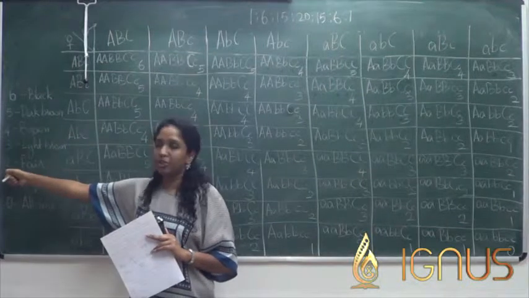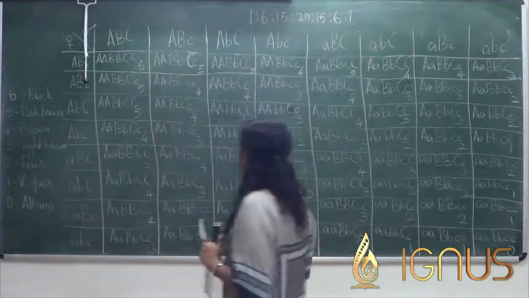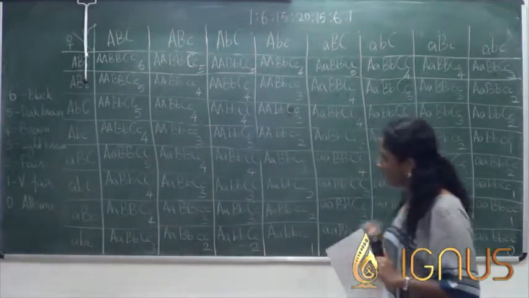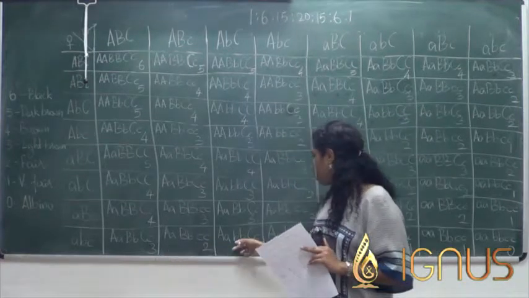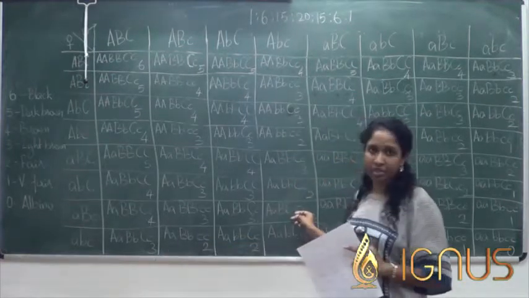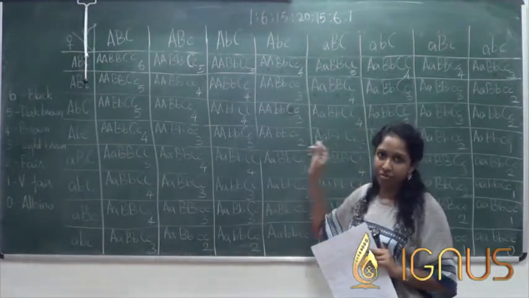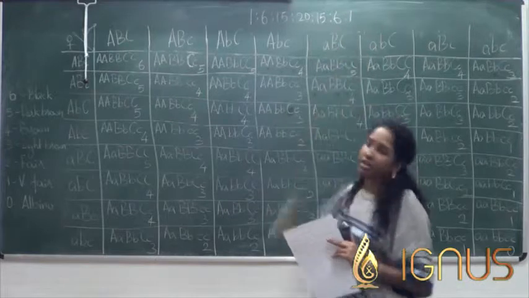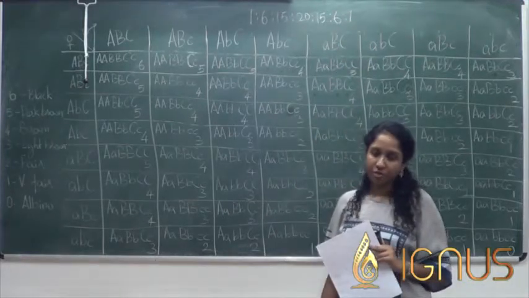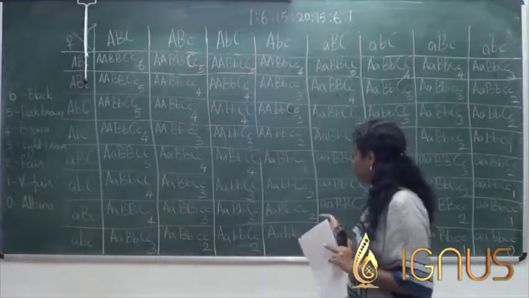Moving on, 2 dominant alleles. Search through the entire Punnett square and you will have 2 dominant allele containing offsprings. Now how many of them will be there? 15. 15 offsprings will be there which will be containing 2 dominant alleles.